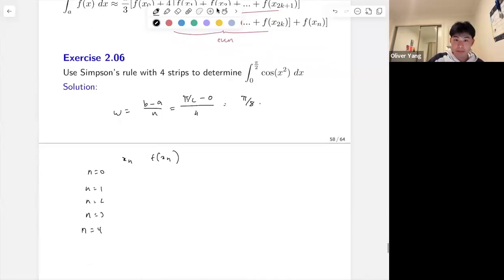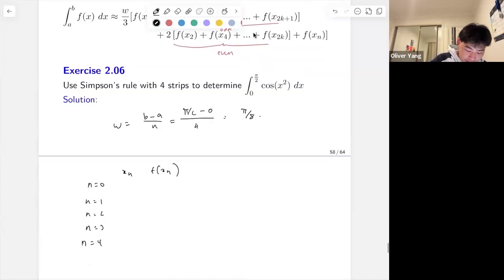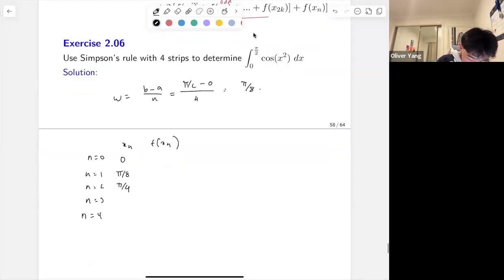Because it's divided by pi on 8 for each one, we start from 0 and go up by pi on 8 each time. So it's pi on 8, pi on 4, 3 pi on 8, and pi on 2. So we've got 4 strips that go to our terminals, which are 0 to pi on 2.